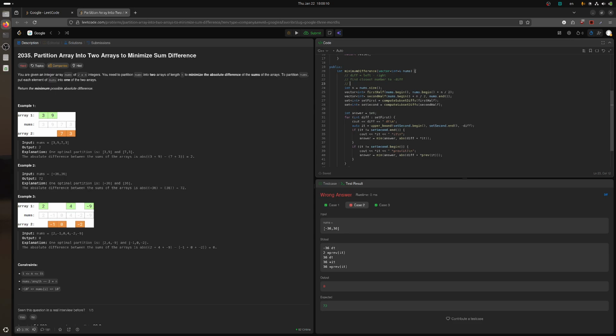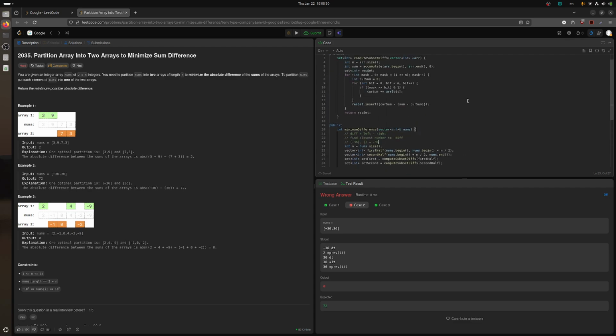So we got a nothing, so we got a minus 36 and nothing, which is equal to minus 36, the difference, right? So that should be right. So that's current sum, total sum minus current sum, that's like 0, so minus 36, yeah.